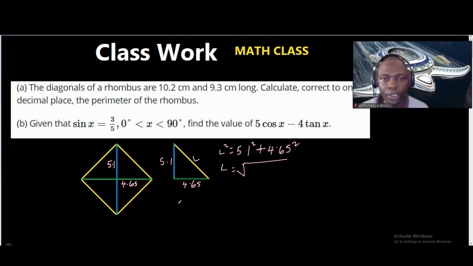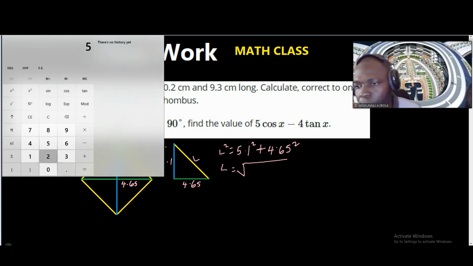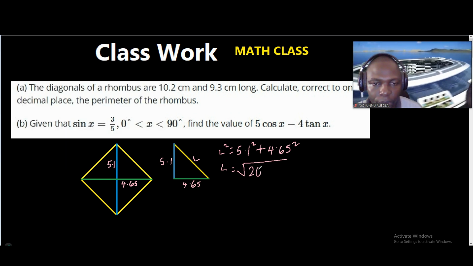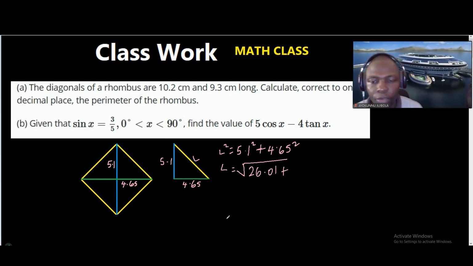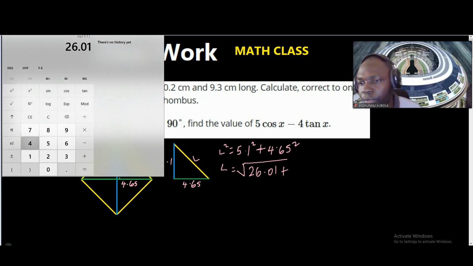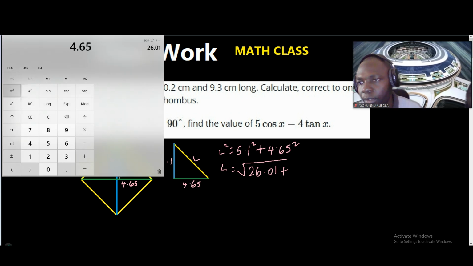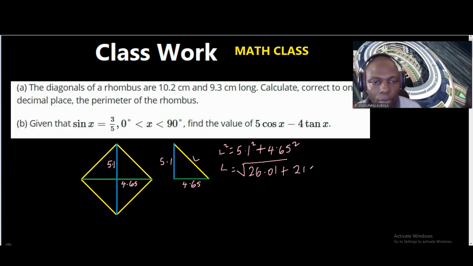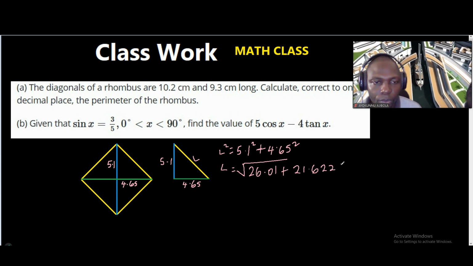So let's use a calculator and get it. 5.1 all squared is going to give us 26.01. And 4.65 squared is 21.6225.